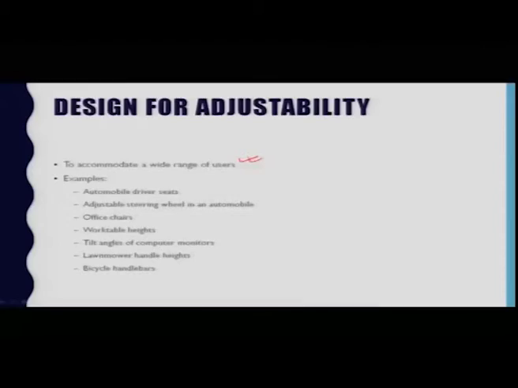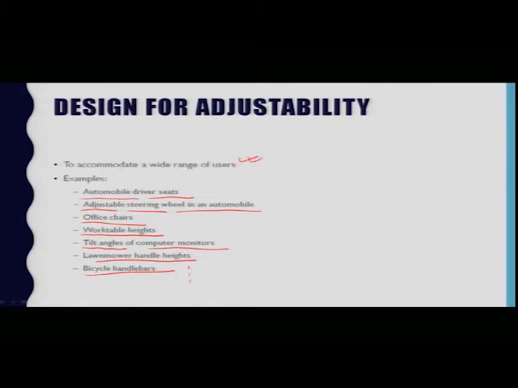Examples of adjustable product features include automobile driver seats, adjustable steering wheel in automobile, office chairs, work table heights, tilt angles of computer monitors, lawn mower handle heights, bicycle handlebars, and so on and so forth.